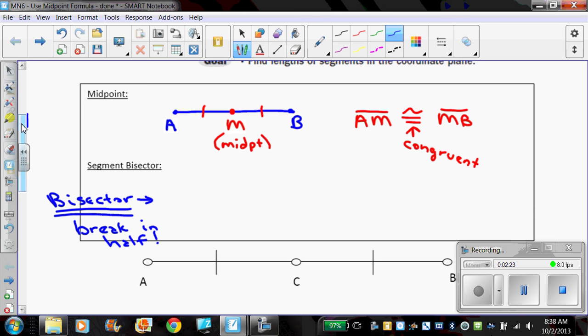So if it's a segment bisector, that means if you have a segment, let's say again AB, and in this case, I'm going to put a line through it. And this line hits right here, again, let's say at M, and breaks the segment up into two equal pieces. That means that line is a segment bisector.